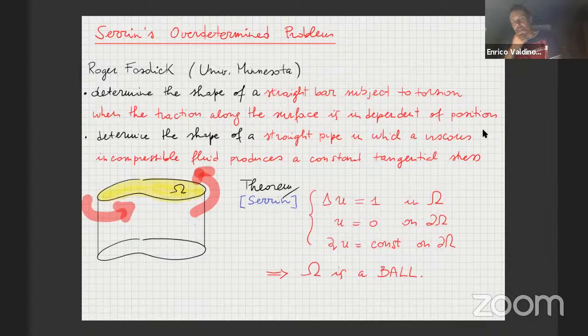I never met Fosdick, but I think he was an extremely smart person. And even if he was not a pure mathematician, as some people would say, he knew mathematics in a very, very deep way.